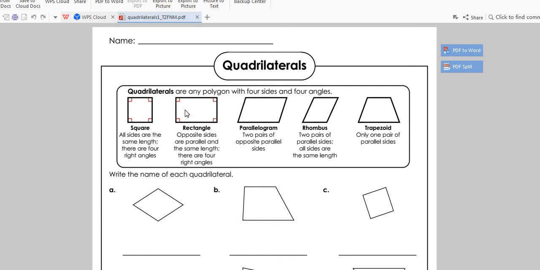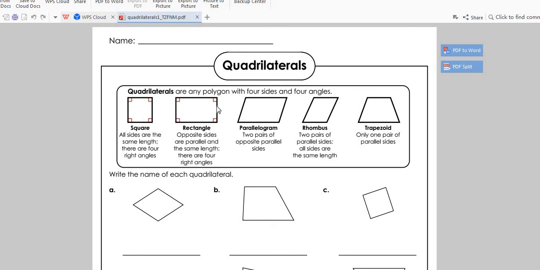So I have here a rectangle. It's another kind of quadrilateral. The features of the rectangle: each two opposite sides are parallel. They look at each other like this. The distance between the two parallel lines is the same.